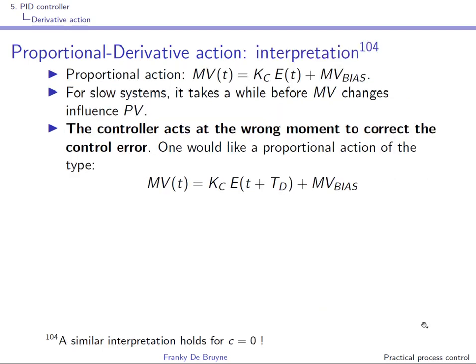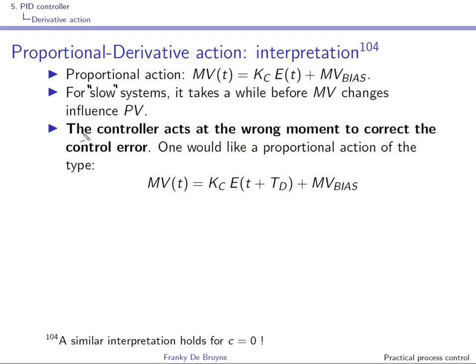Let us have an interpretation of the proportional derivative action. With proportional action that we have seen first, so the proportional term with the bias, for slow systems, where you have several lag systems in series, it takes a while before a change in MV influences PV.